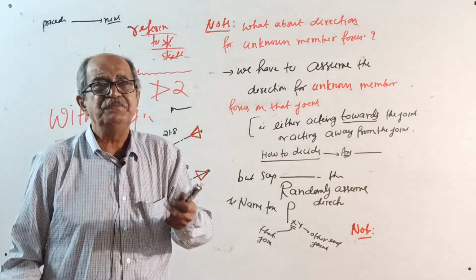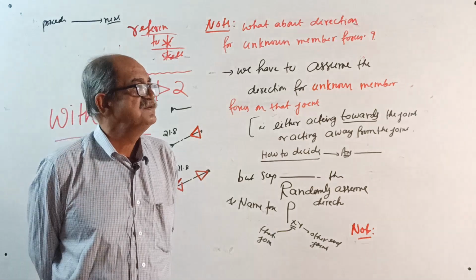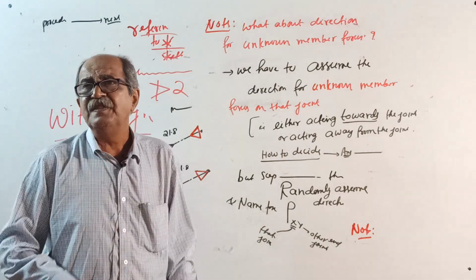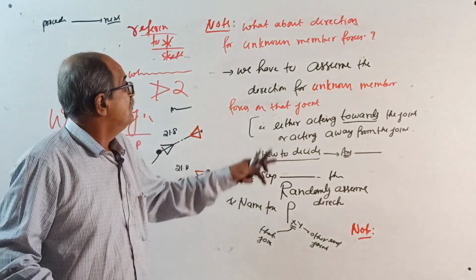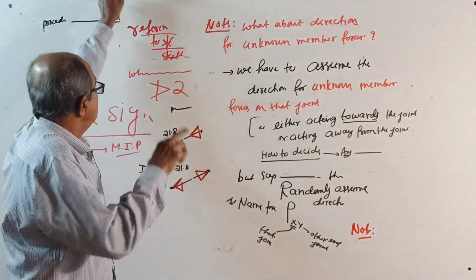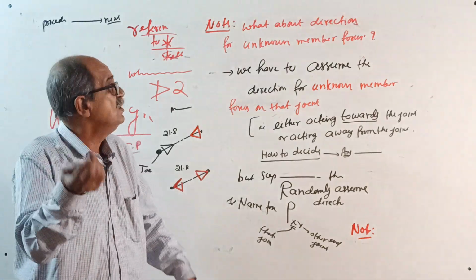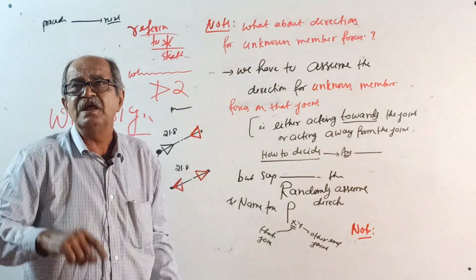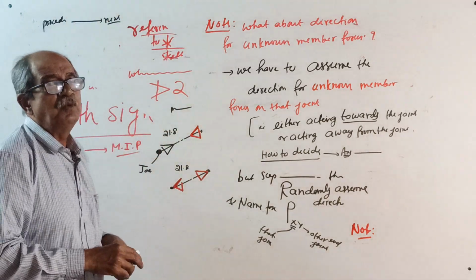Forces to be considered, same thing: support reactions if there are any, then external forces whatever given, and member forces connected there. It is possible that some of the member forces are already known to you by analysis of the other end joint. So in the star sketch, if any member force is already known, you name it in that joint first and enter the numerical value. It is not unknown. So lastly, unknowns not more than 2.